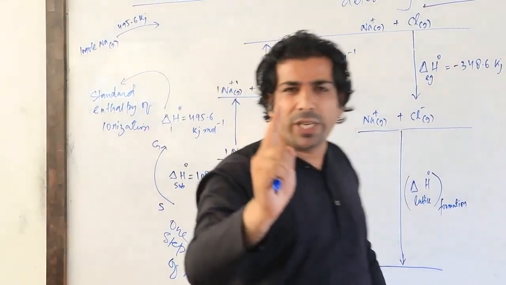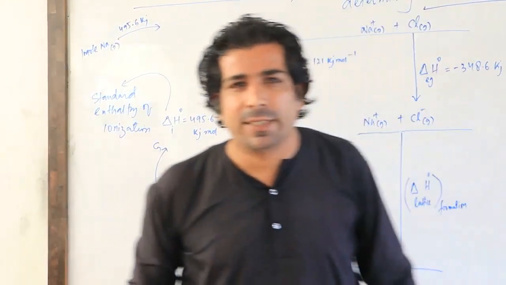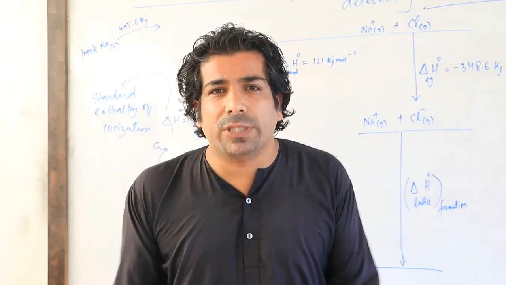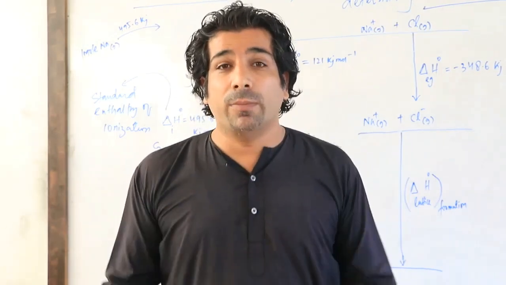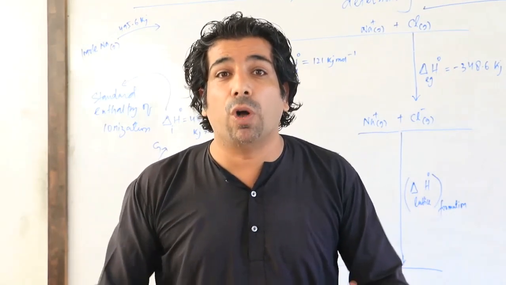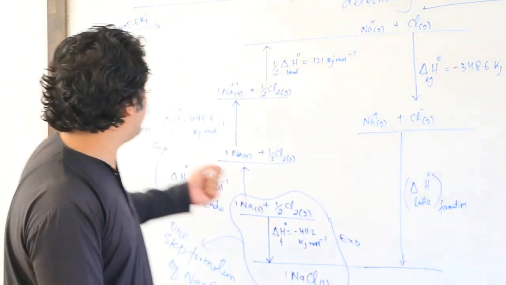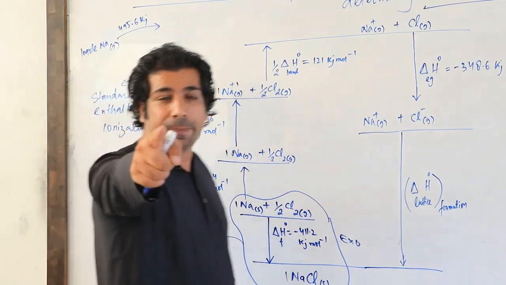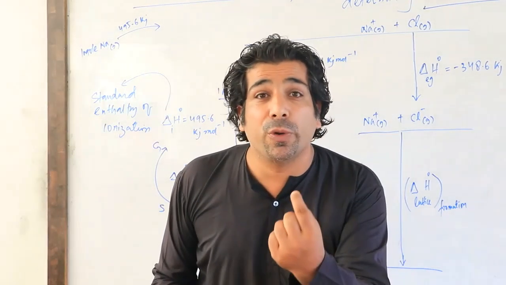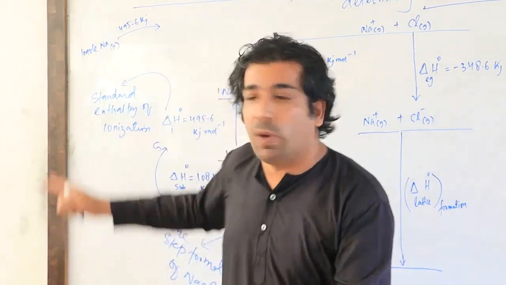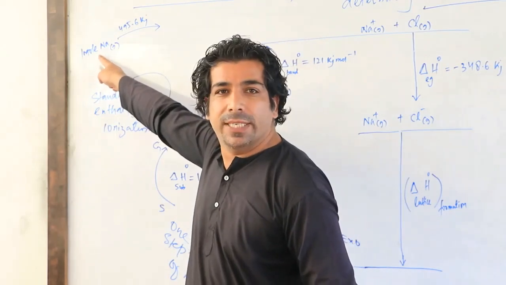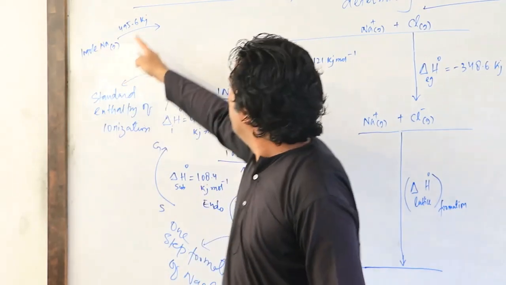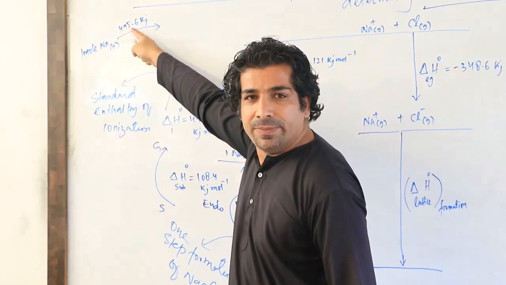1 atom of sodium will lose 1 electron, correct? Then 10 sodium will lose 10 electrons. 1 mole of sodium will lose 1 mole of electrons, because energy is in terms of kilojoule per mole. You are not removing actually 1 electron. You are removing 1 mole of electrons from 1 mole of sodium. Yes, so 1 mole sodium you have. You are applying this much of energy.